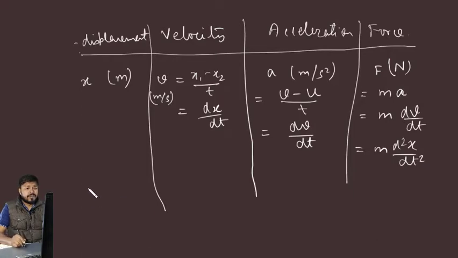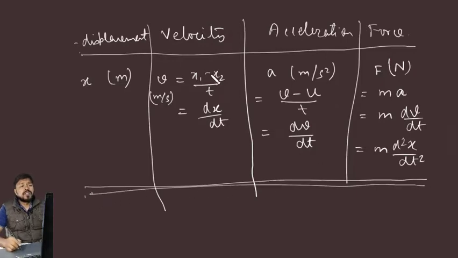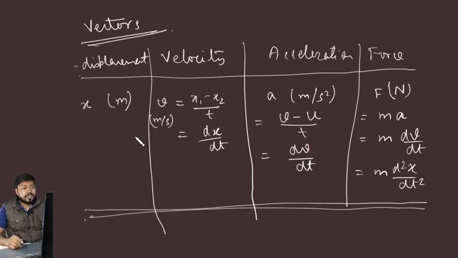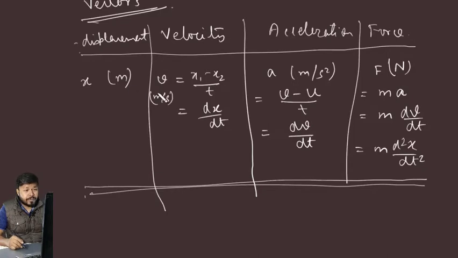So that's my table showing the relationship between the basic variables in kinematics: displacement, velocity, acceleration, and force. And these are all vectors, and their corresponding SI units.